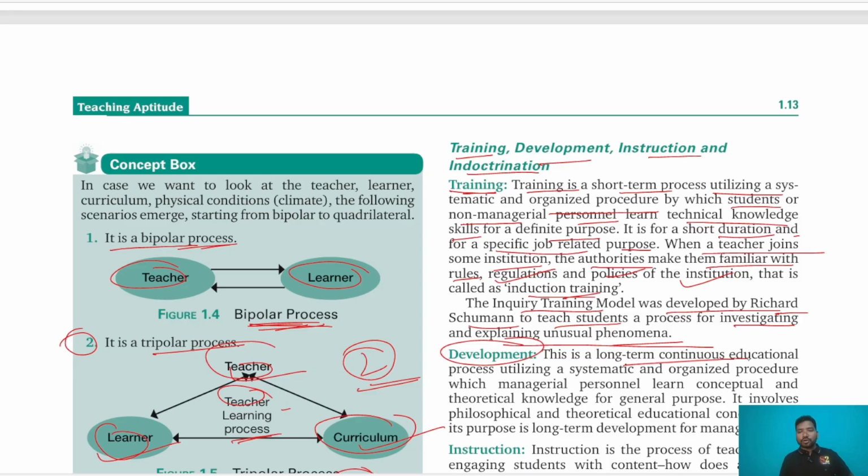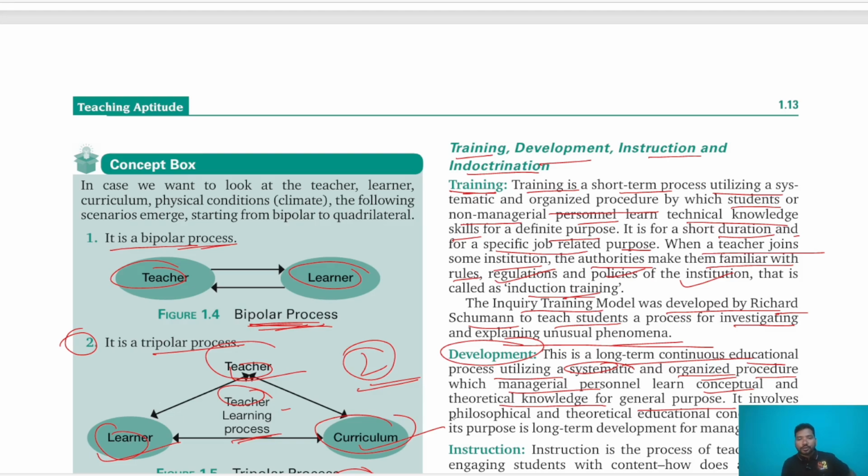There is a long-term continuous educational process utilizing a systematic, organized process by which the managerial persons learn conceptual and theoretical knowledge for a general purpose. That is known as development.